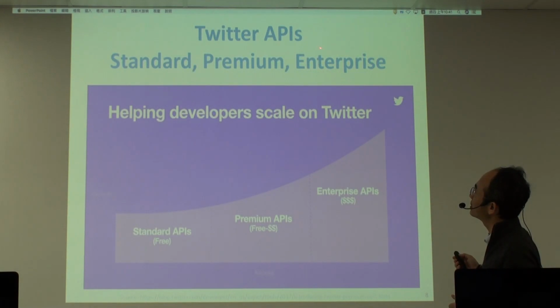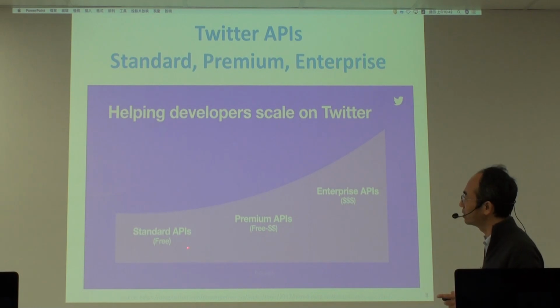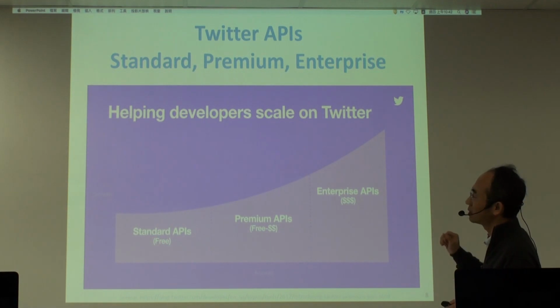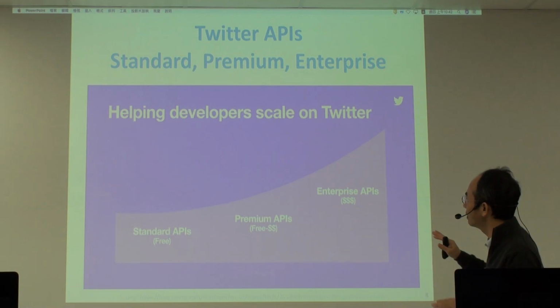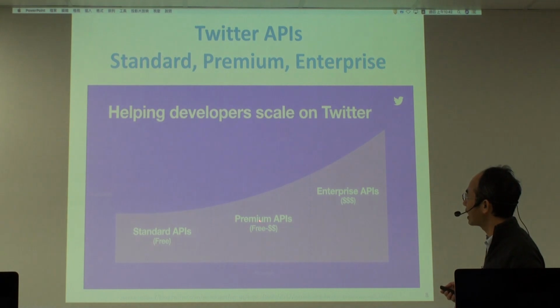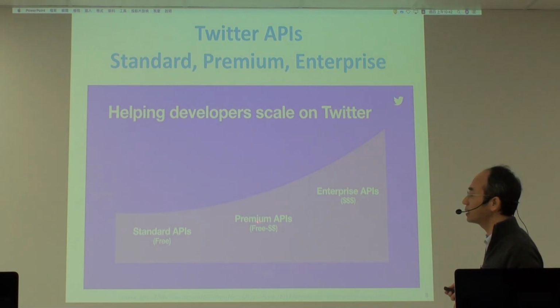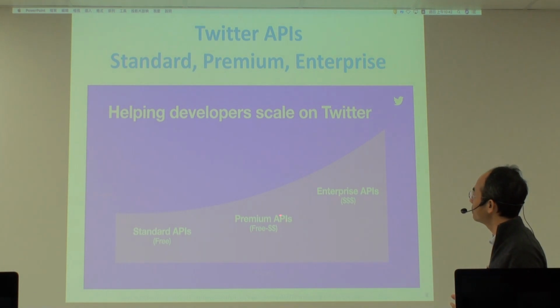And Twitter APIs, there are 3 main categories. One is standard APIs. It's free of charge. So you can use standard APIs to get a lot of Twitter's contents. The second one will be free to minimum cost, for you can get the premium API. Suppose your business would like to get more data, you can register as a premium APIs.